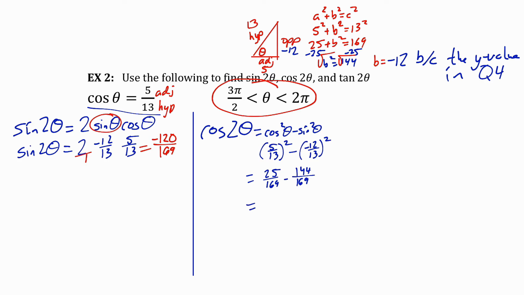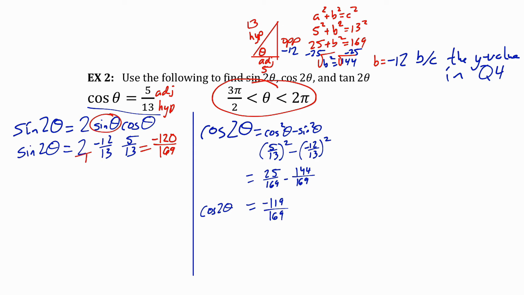When we subtract these, 25 minus 144, putting these into one fraction, is negative 119 over the common denominator of 169. So our cosine of 2 theta equals negative 119 over 169.